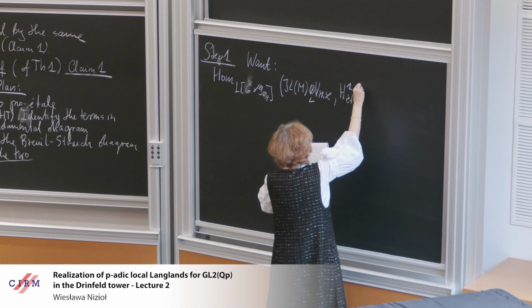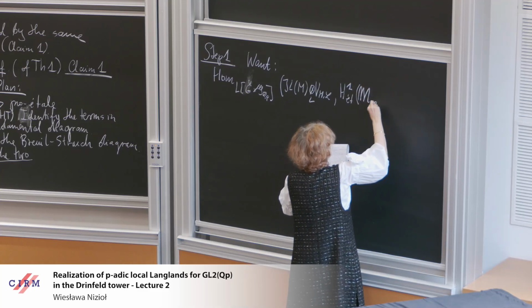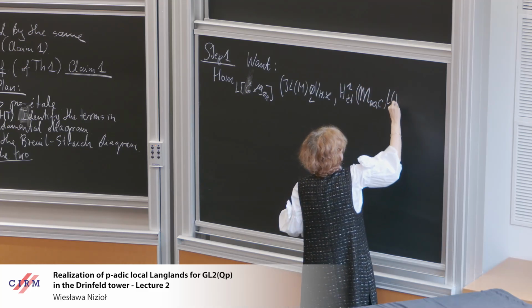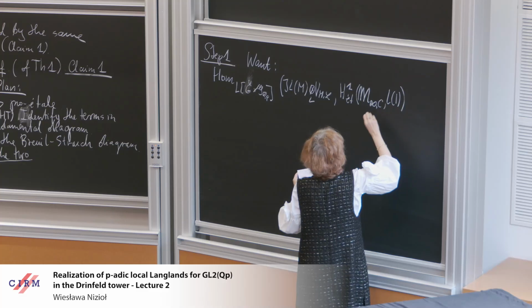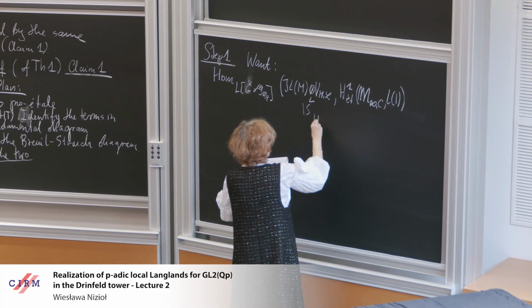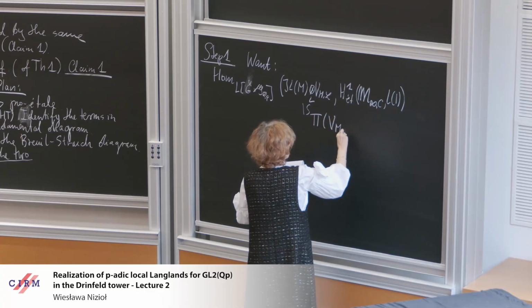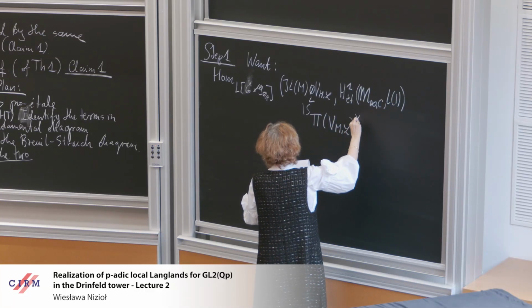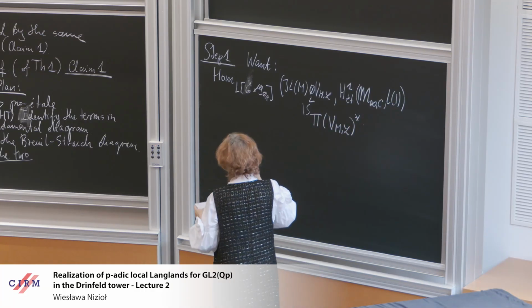I want to write it because I'm going to manipulate on this. L1. And we want this, if I got all the parentheses right, to be computed by pi of this object dual. Okay.